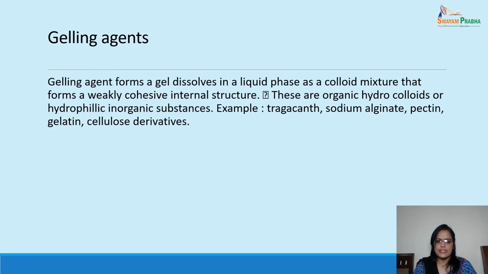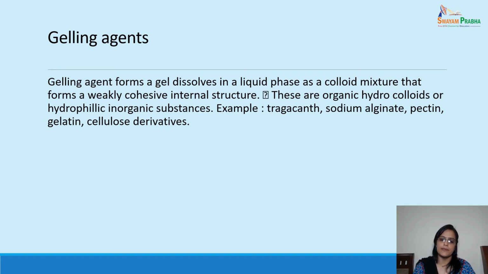Gelling agents form a gel. A gelling agent is one of the formulation additives for semi-solid preparations, and it contributes to forming the gel. The gelling agent dissolves in a liquid phase as a colloid mixture and forms a weakly cohesive internal structure.